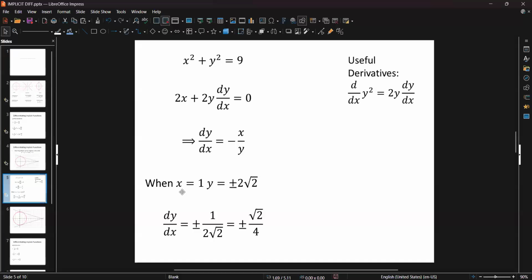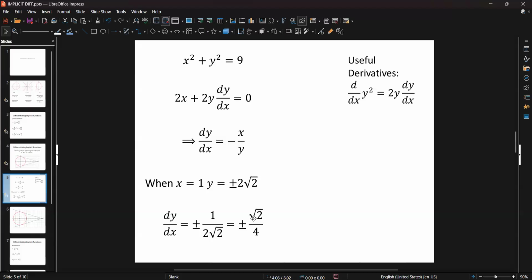So we put x equal 1 in this equation here, and we solve for y, and we'll get two values: positive 2 root 2, and the other one is minus 2 root 2. So dy dx then becomes 1 over, well, we're dealing with plus or minus 2 root 2.